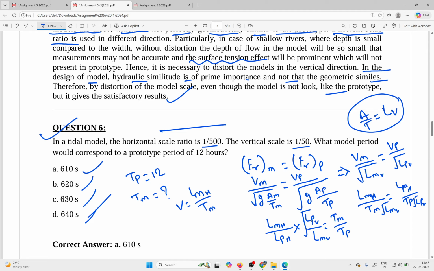This is Lp by Lm. When we write Lm by Lp, this will go. Now Lm by Lp is nothing but the horizontal scale we are discussing here.